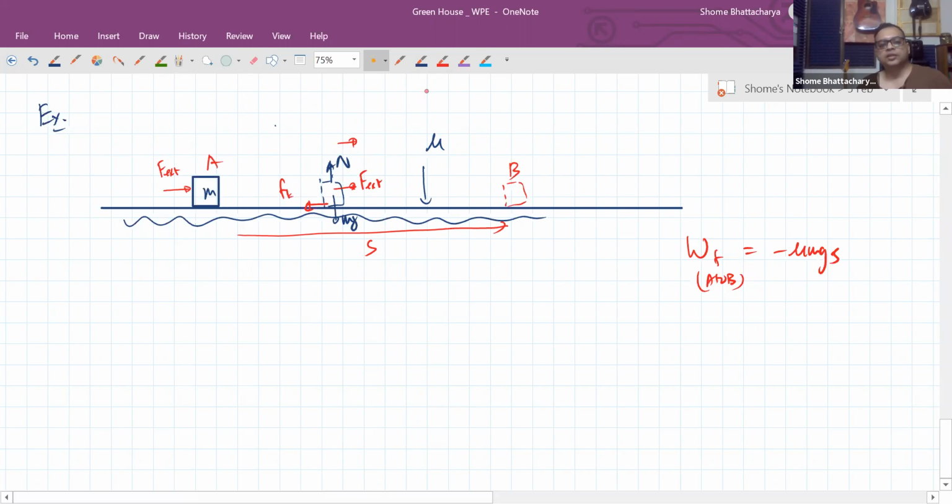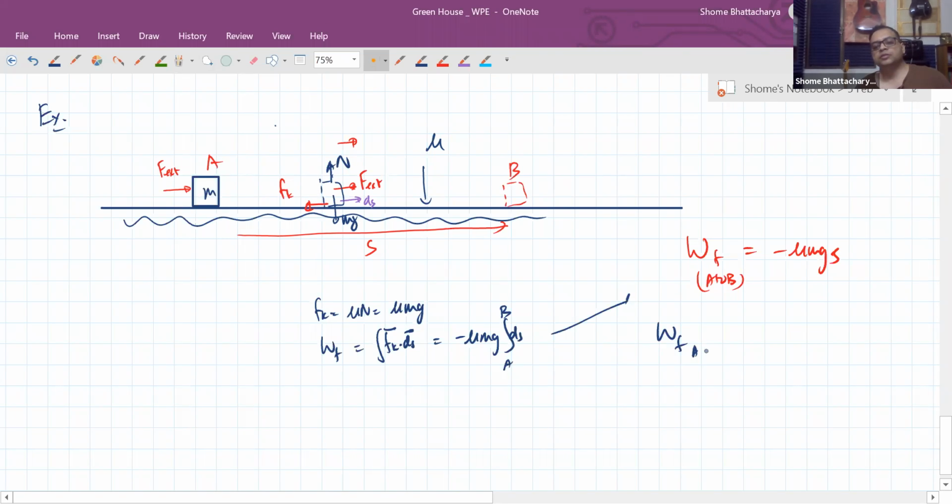The displacement is in this direction, so work done by friction is minus mu mg times the integration of ds from A to B. That gives you the work done by friction from A to B as minus mu mgS.